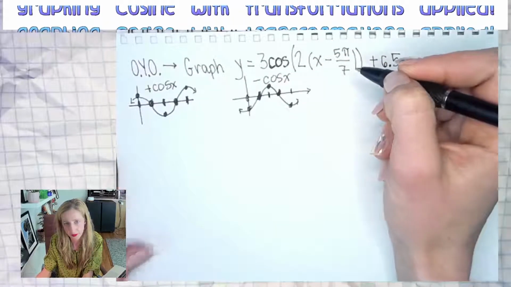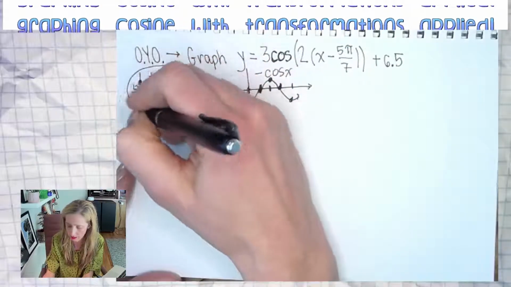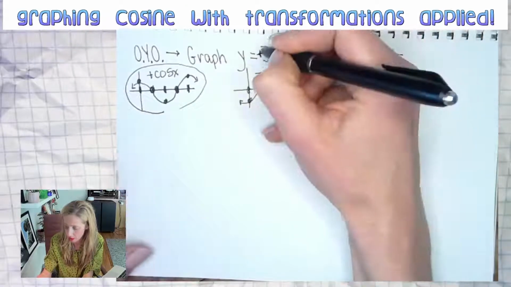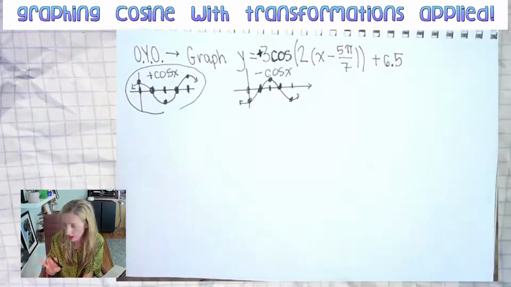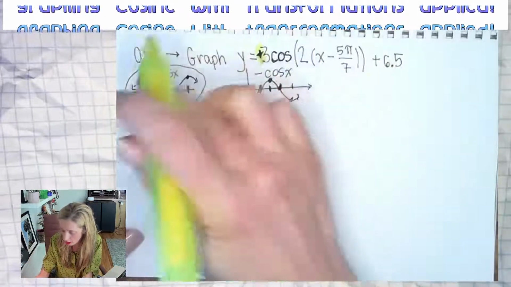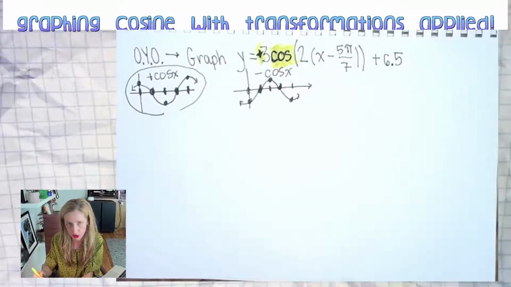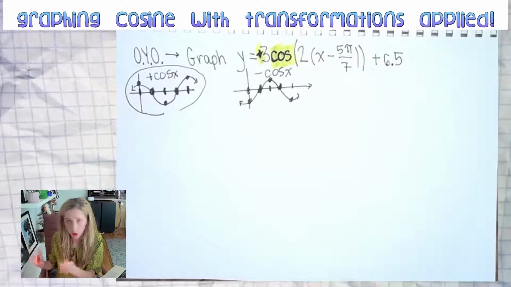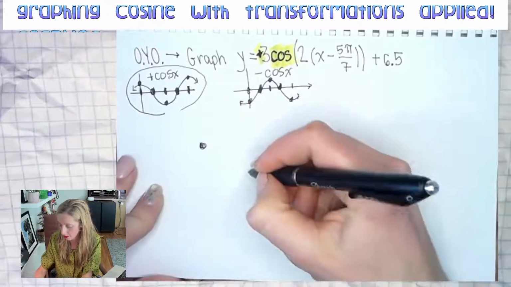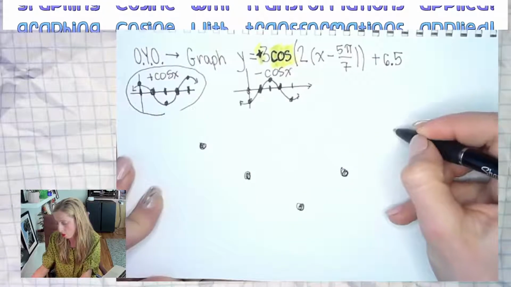So we have positive cosine, so we are going to use this shape. I'm going to put a little plus sign, we don't really need that, but just so I'm acknowledging that it is being addressed. I'm going to draw a bigger version of this, addressing the fact that it's positive and that it's cosine. So let's do that. 1, 2, 3, 4, 5.